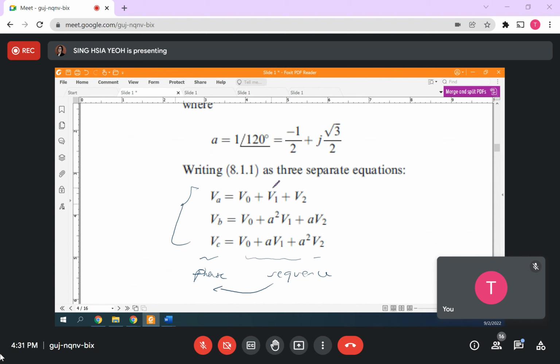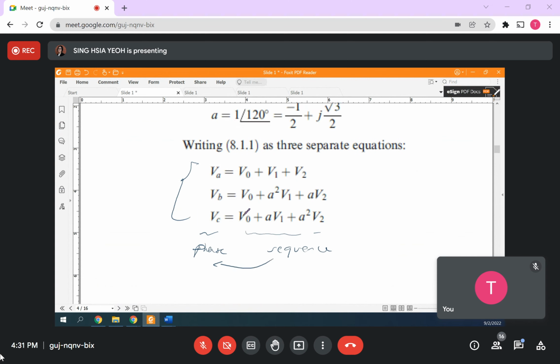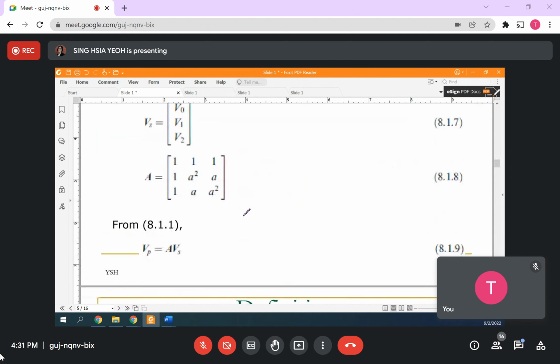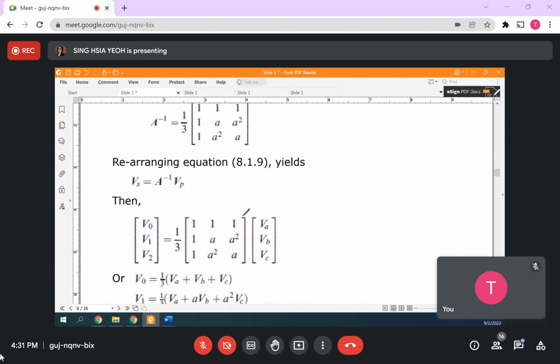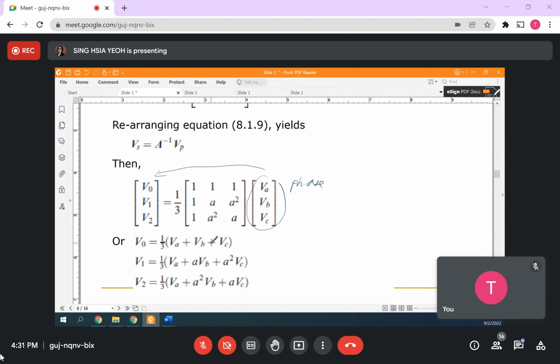What is a? a is 1 angle 120, then a squared means 1 angle 120 to the power of 2. Another formula is to convert phase ABC to sequence; then you need to multiply by 1/3. If you don't want to use the matrix formula, you can write it like this also, no problem. So these are the two formulas.